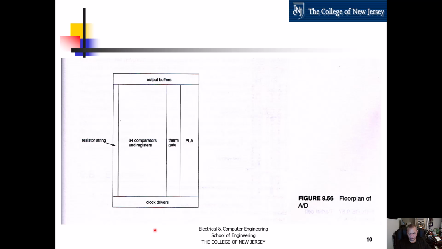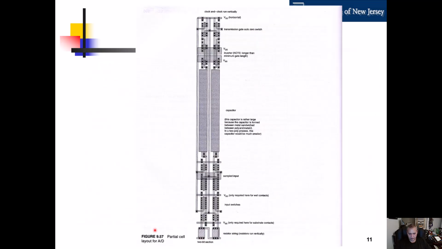And if we look at a 2-bit section, we can see the resistor strings here. We have the sampling and the input switches. We have the capacitors. We have the other gates, the transmission gates, so the registers. That's a partial cell layout that corresponds more with the comparators and capacitor sections.